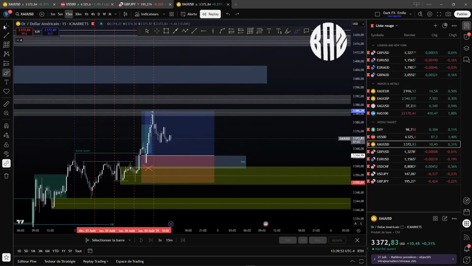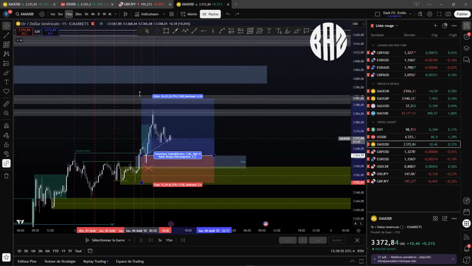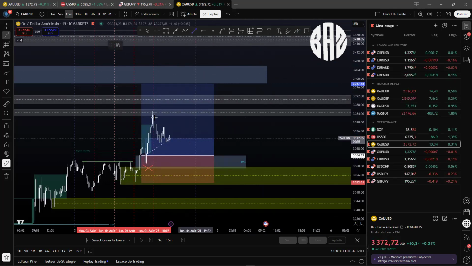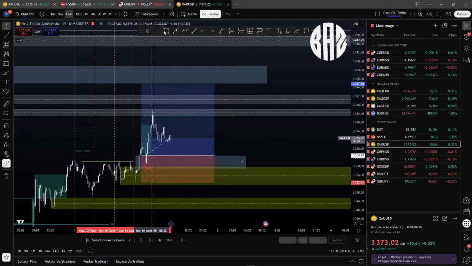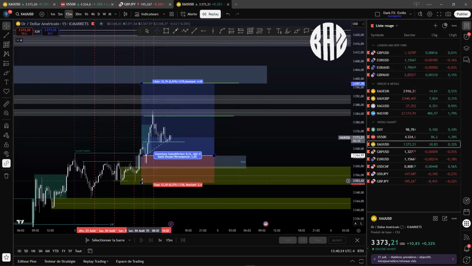So we know where we are going, but the BAZ indicator can help you know when to take your partials. So here you have your TP1, and maybe here you put your TP2. And somewhere here, after the break of this level, you could maybe put your stop loss at break even or leave it as it is, because sometimes you don't need to put break even.